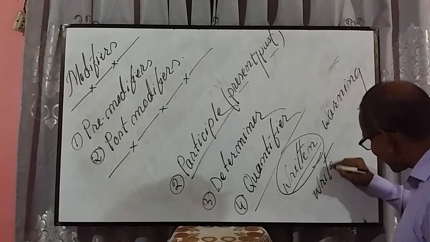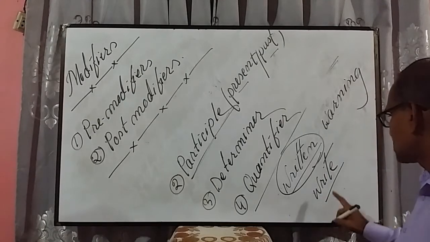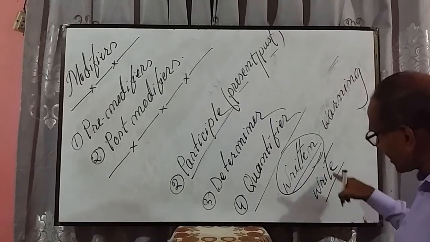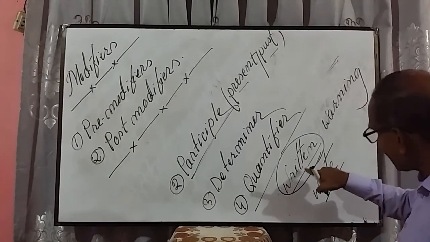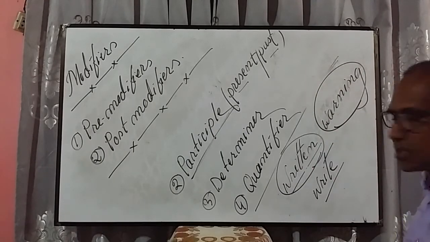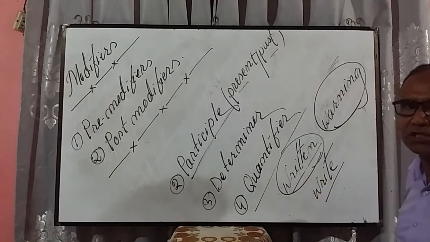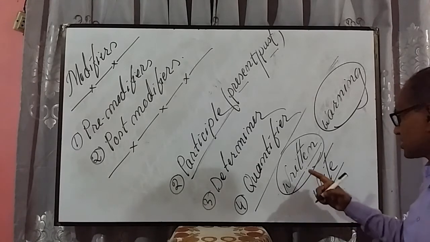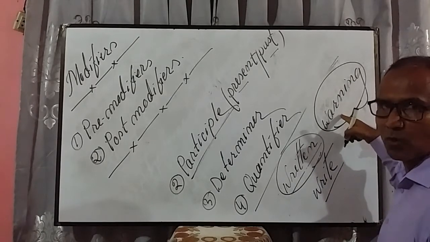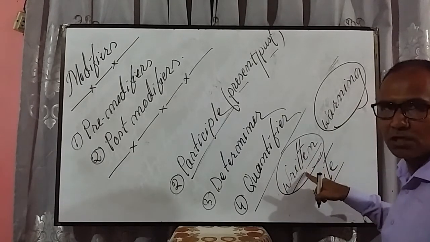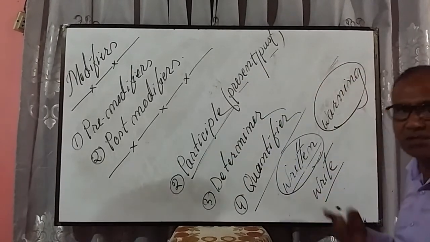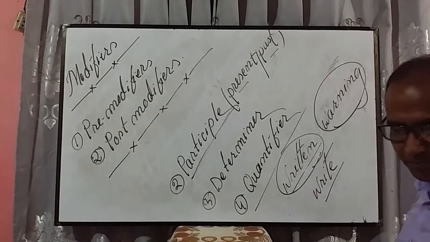Written is the past participle form of the main verb write, and it is used here as a pre-modifier because the noun warning is being modified by the word written. So it is a past participle qualifying the noun warning, and the past participle is being used as an adjective. Okay, done.